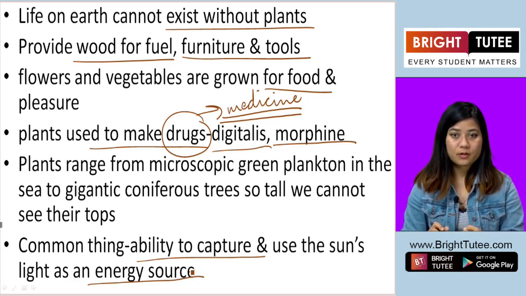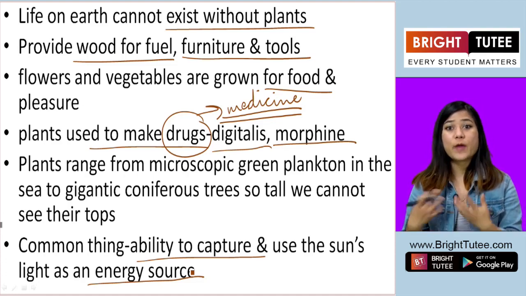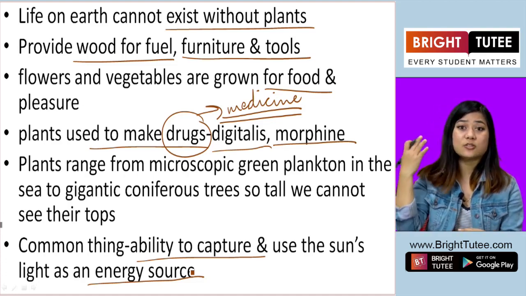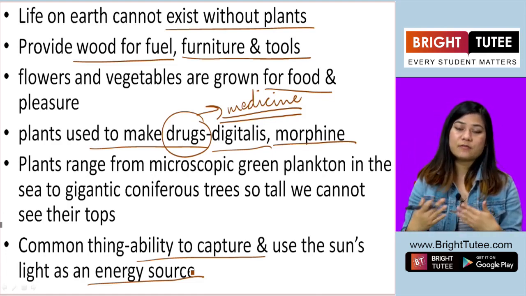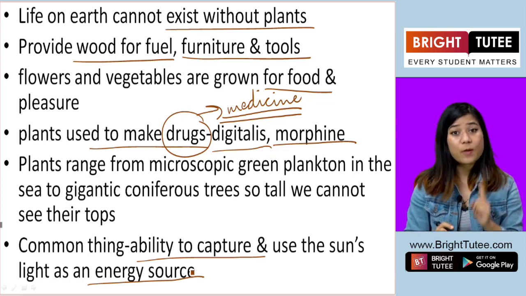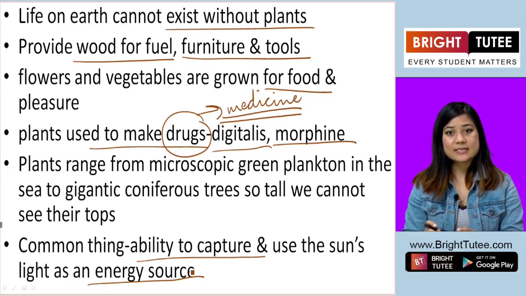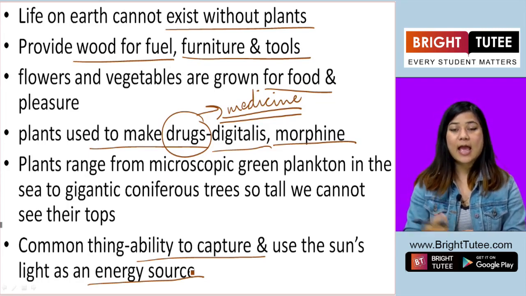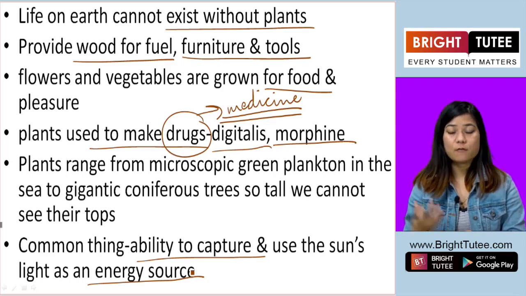No matter how small the plant is, no matter where they grow, no matter how tall they are, no matter how different they are from one another, there is only one common thing among all these plants and trees: their ability, their power to use sunlight as a form of energy.